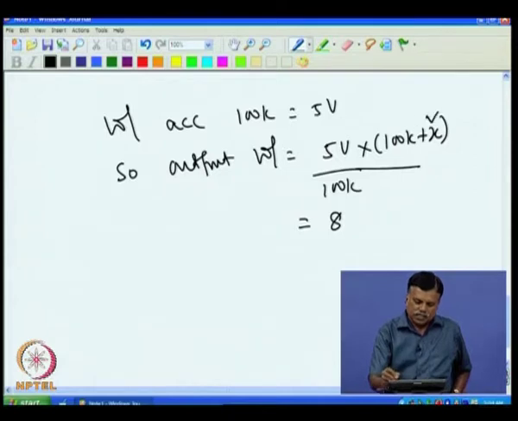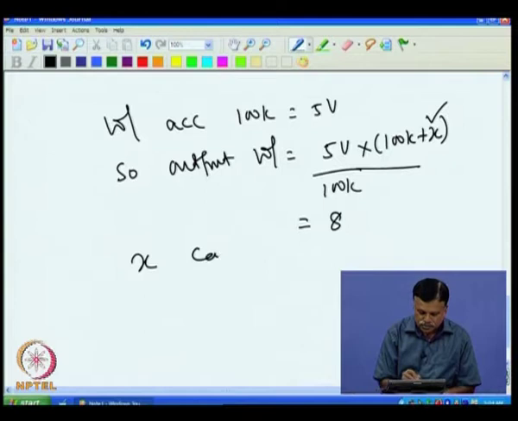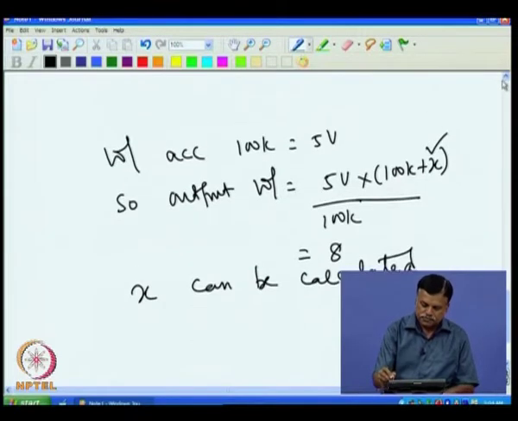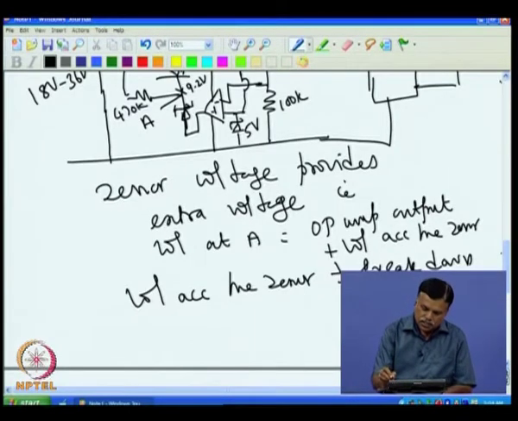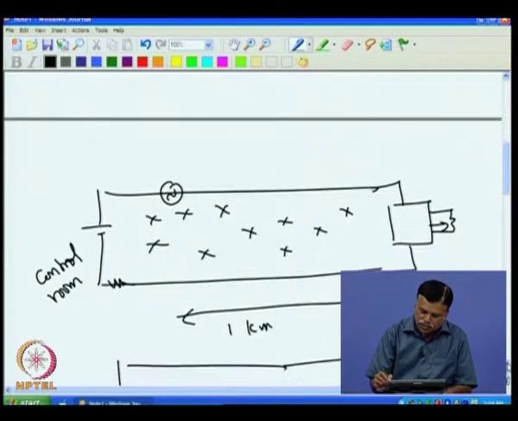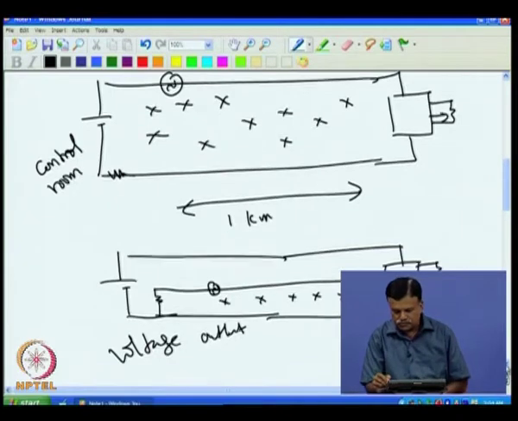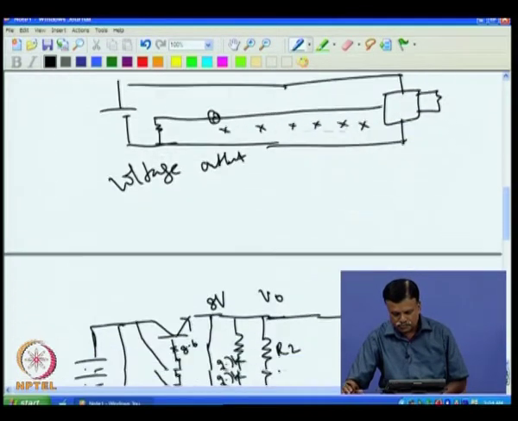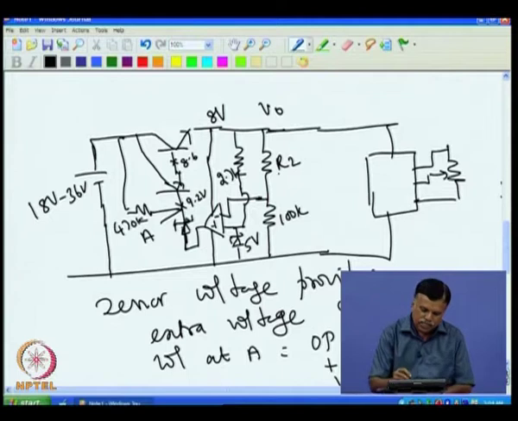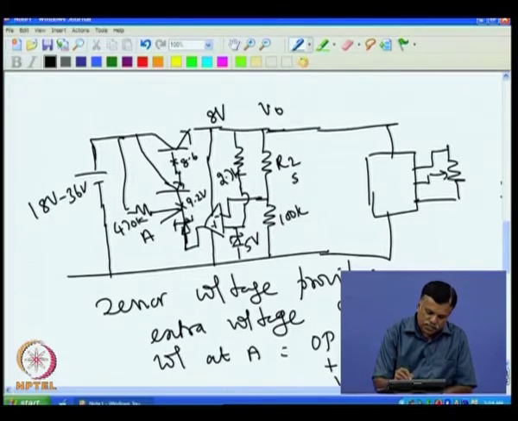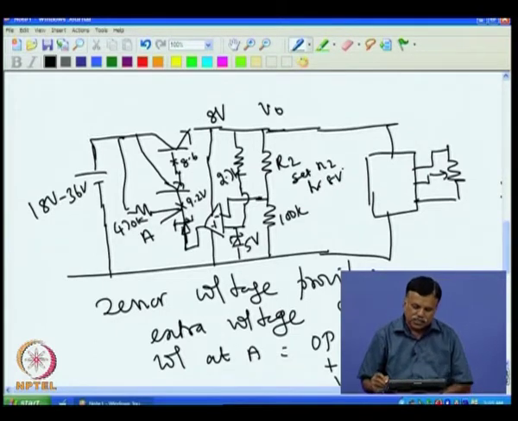So, the value of X can be calculated, and you can get any voltage you want. In this case, we set R2 for 8 volt using the formula that I had discussed.